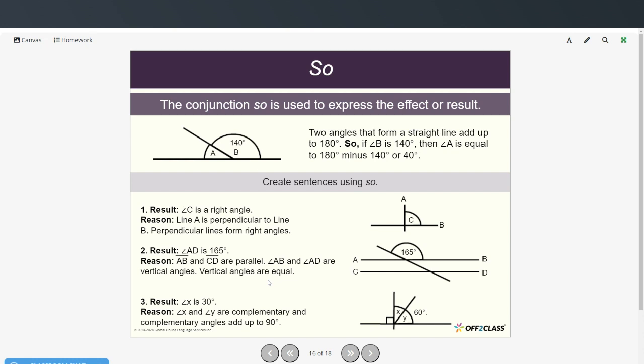Okay, and then angle X and angle Y are complementary, and complementary angles add up to 90 degrees, so angle X equals 30 degrees.